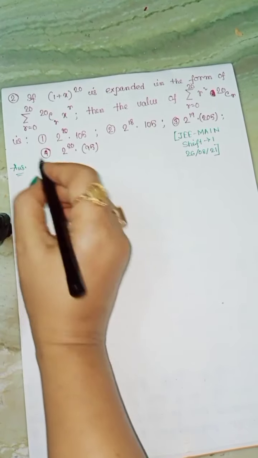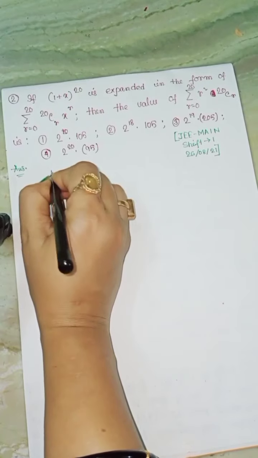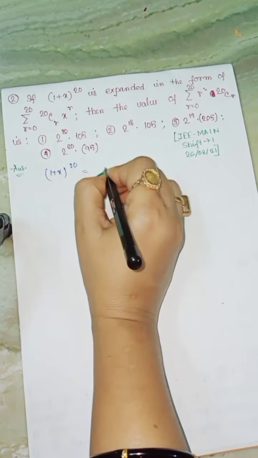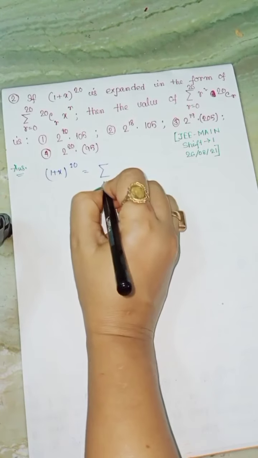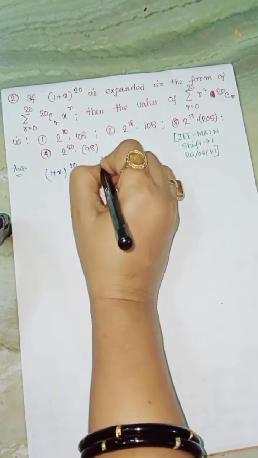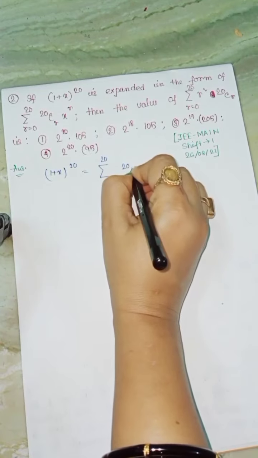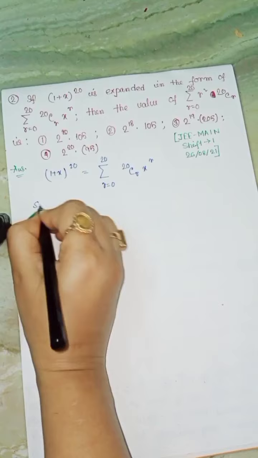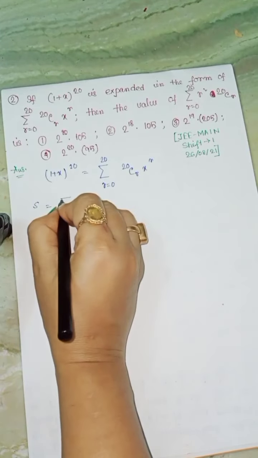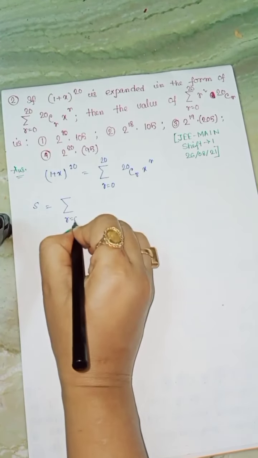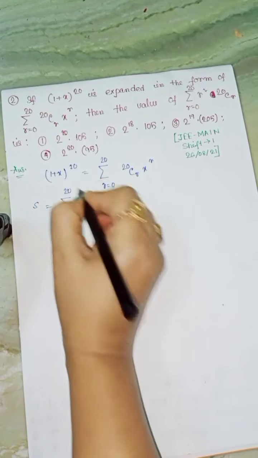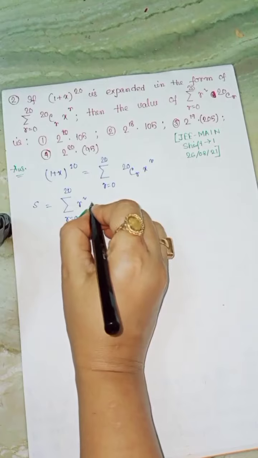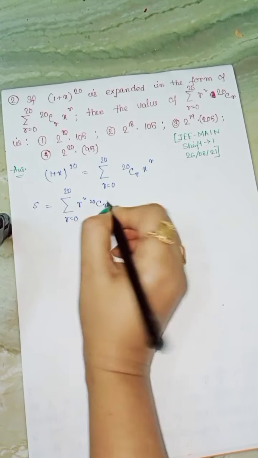At first, we know that 1 plus x whole to the power 20, if we expand this, we get the sum over r equal to 0 to 20 of 20Cr x to the power r. Now S is equal to the sum over r equal to 0 to 20 of r square 20Cr.